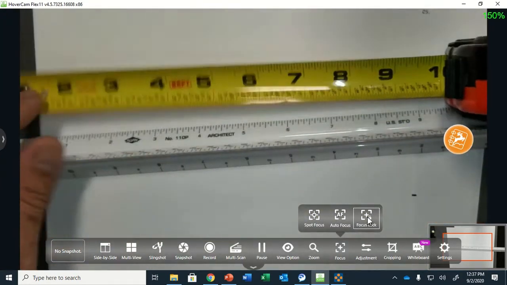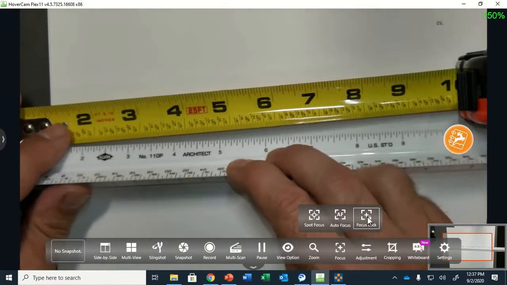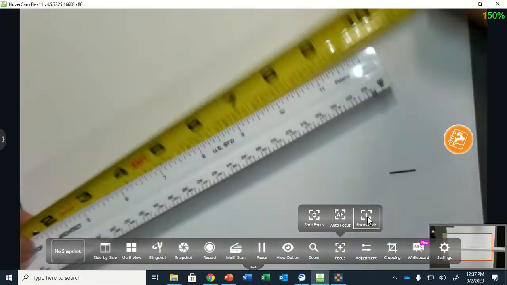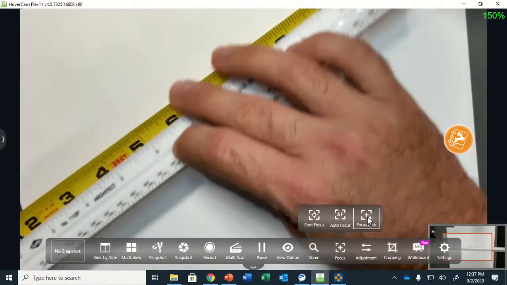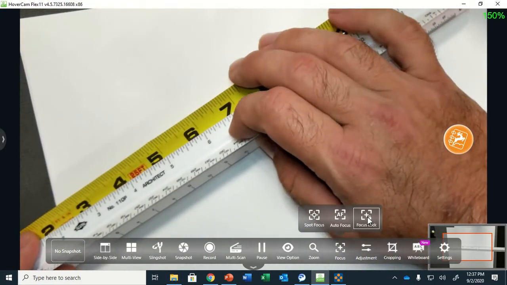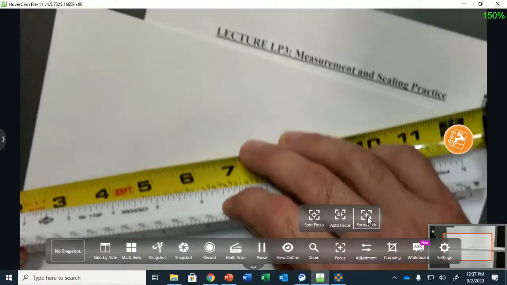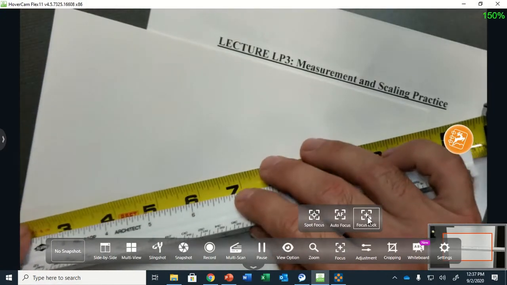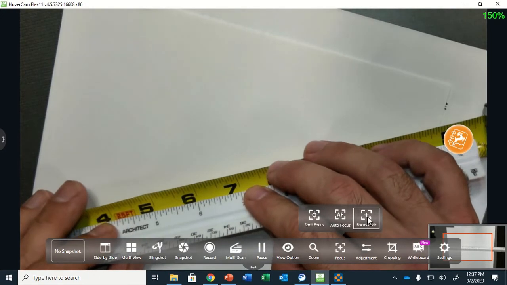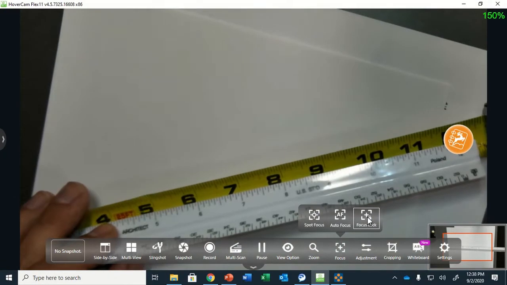I'll put this on this side. All right, so if I look here, I'm going to make this bigger. I'm going to line the 3 up to the 3. So if I look here, so we'll go 5 and 6 so you can see it. So I got to rotate this so you can see it. All right. As you can see, on a normal tape measure, 5 to 6, that's 1 inch. 5 to 6, this is 1 inch.